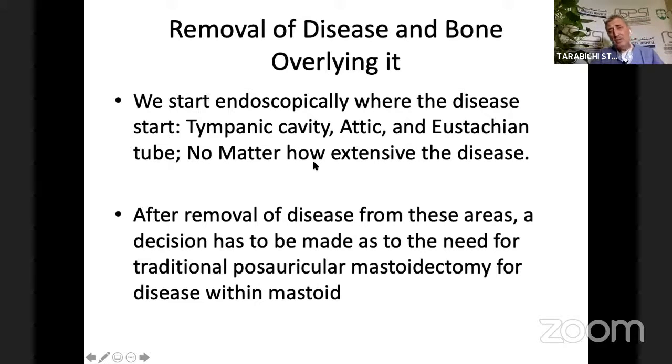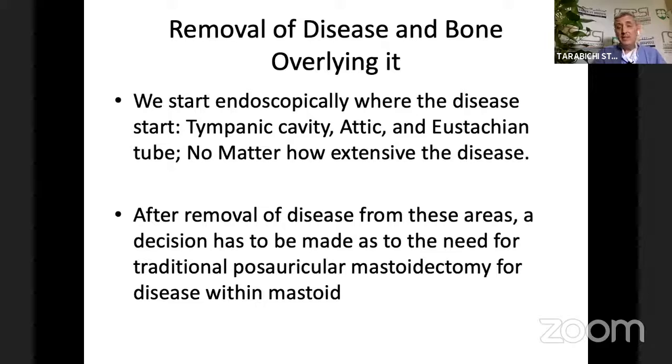So, when talking about cholesteatoma, we know that the tympanic cavity is the domain for the endoscope, and the mastoid cavity is the domain of the microscope. So we start endoscopically where the disease starts, basically within the tympanic cavity, and pursue it to the attic, anteriorly to the eustachian tube, hypotympanum, retrotympanum.